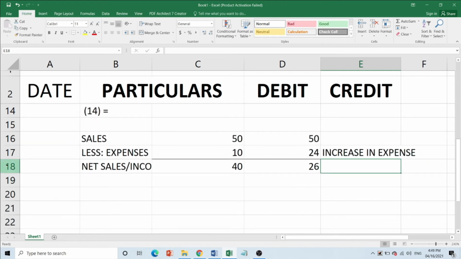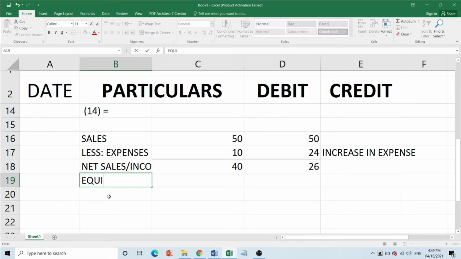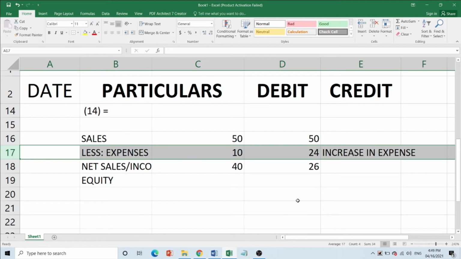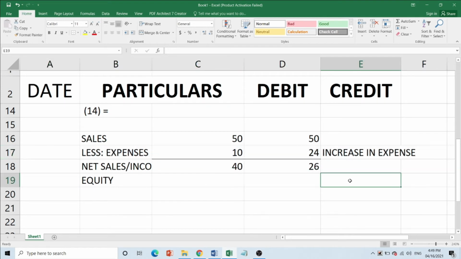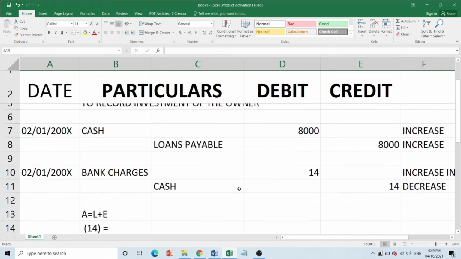Bakit? Saan papasok si net income? Since this is a nominal account, ito ay naclo-close sa books natin at ito ay napupunta sa equity. Therefore, there is an increase in expense, there must be a decrease in equity. Ito po ang ina-analyze whenever we are talking about the accounting equation.